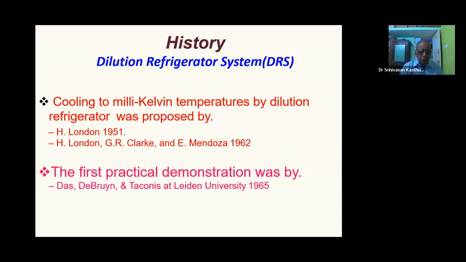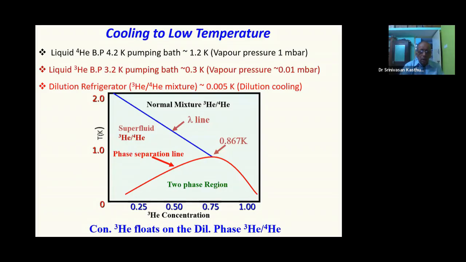But the practical demonstration was done by Das, De Bruyn, and Taconis in Leiden's laboratory, Leiden University, in 1965. So the dilution refrigeration system saw its first experiments only in 1965, compared to the adiabatic device.